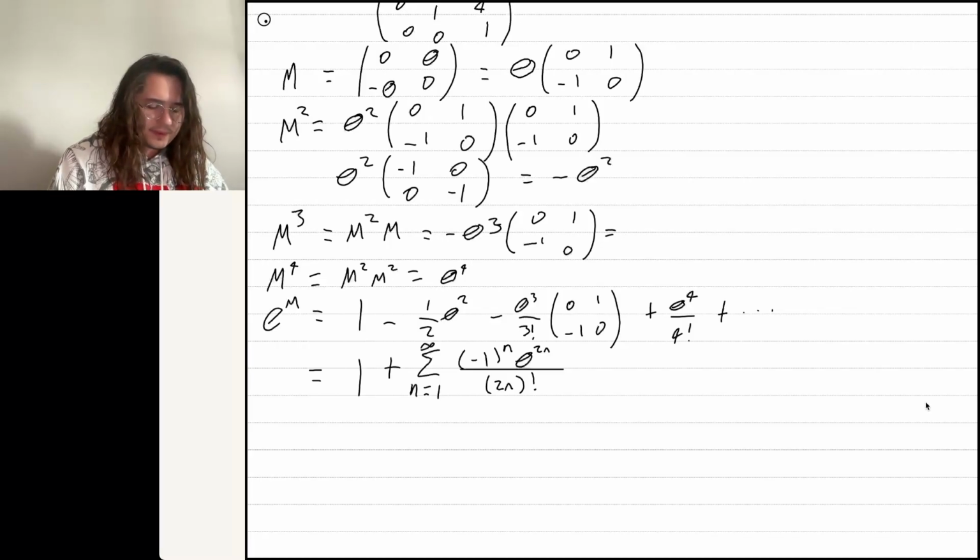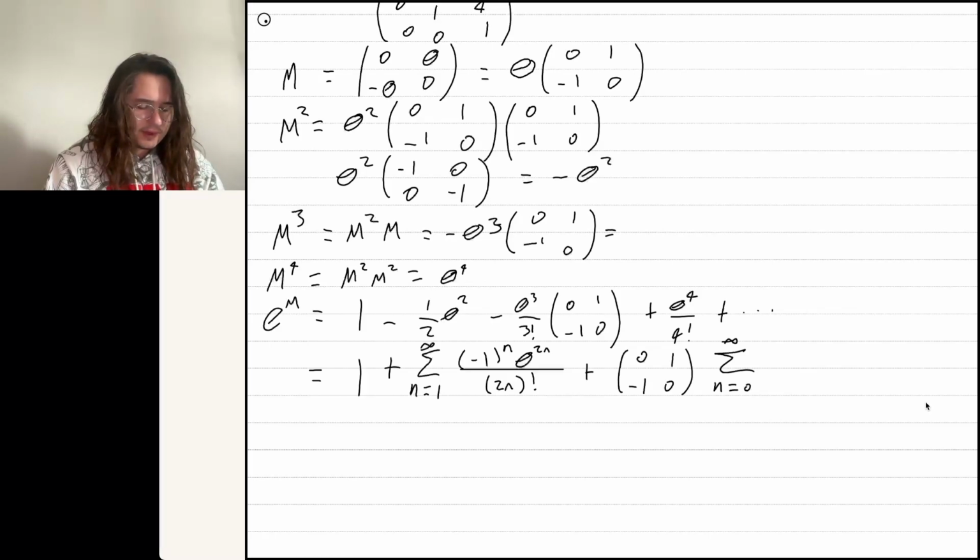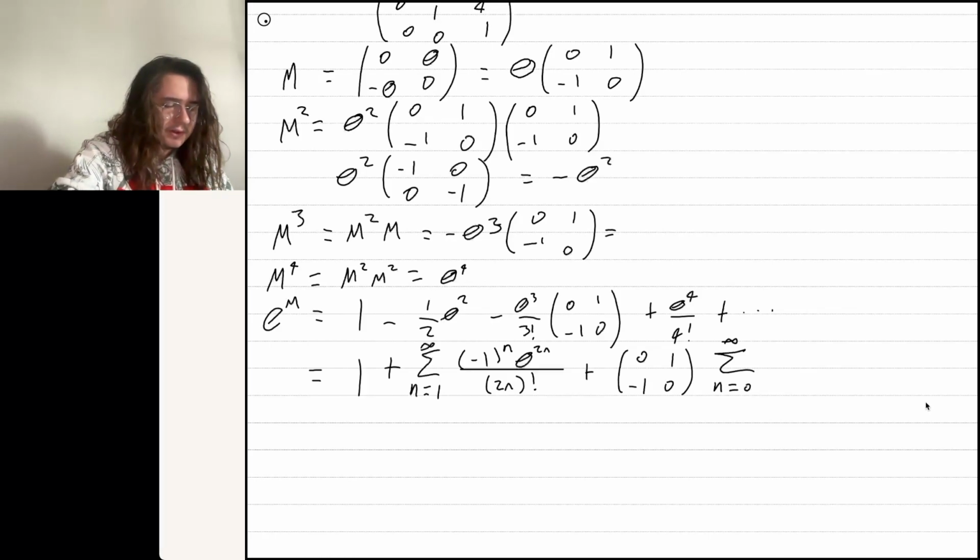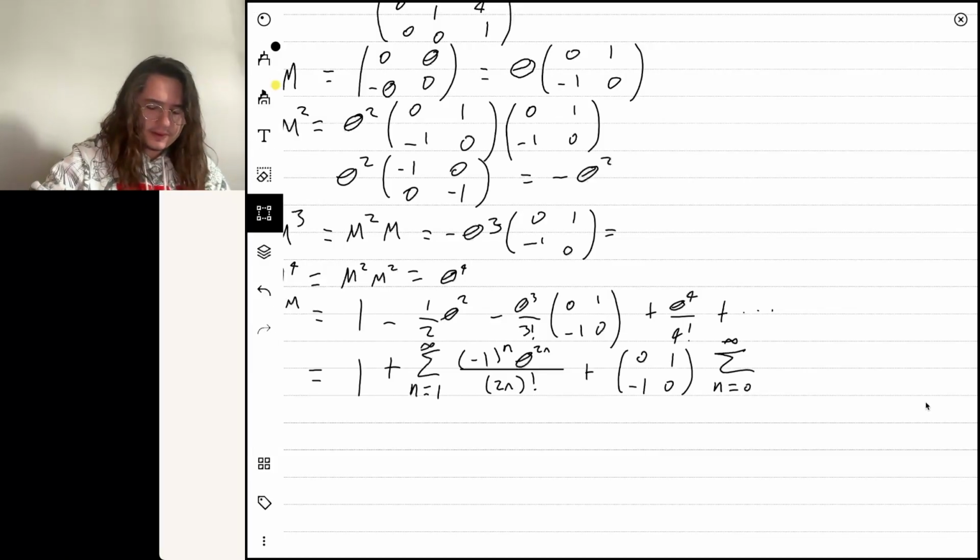And then the odd terms, the ones that are multiplied by the weird matrix, so I'm going to stick the weird matrix here actually, 0, minus 1, 1, 0, in a sum. It's actually a sum starting with n equals 0 now, because the first, oh, I forgot to write the linear term in the expansion. I should do that.